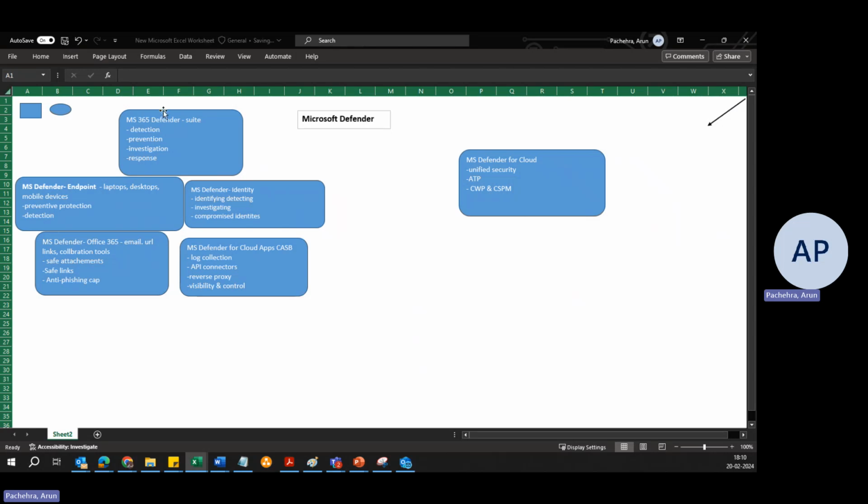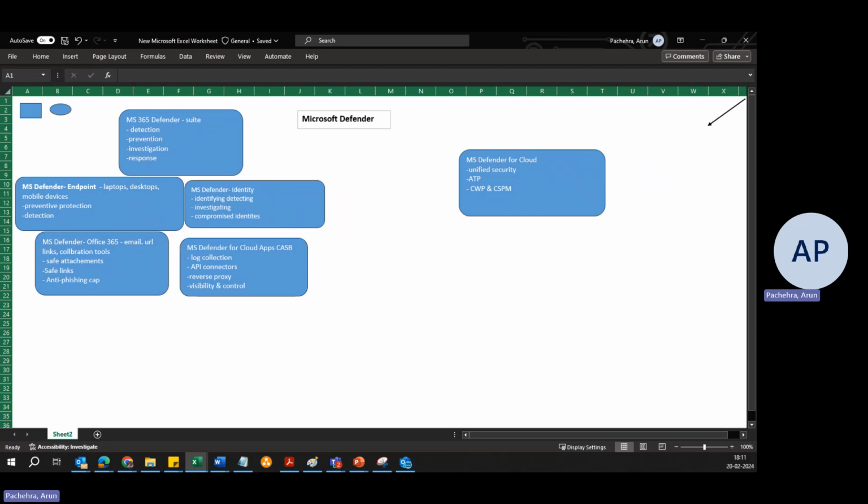So let's try to understand this 365 a little further. If an organization opts for MS 365 Defender, then Microsoft Defender for Office 365 is already included, right? As a part of comprehensive security coverage, which will come through email, URL, and all those wonderful features.